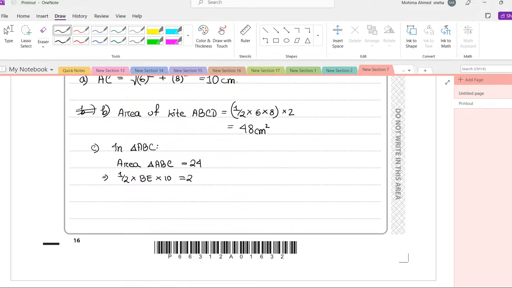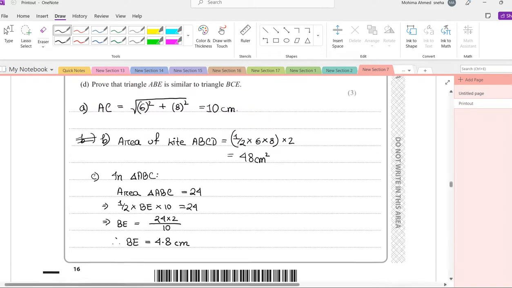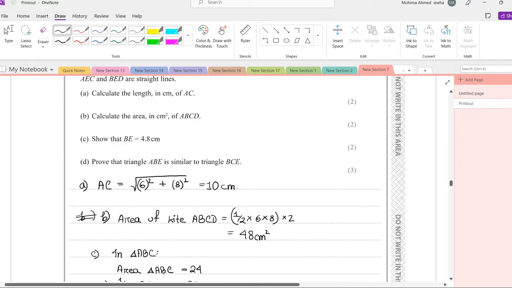AC was 10 and the area 24, and if you make BE the subject, that would be 24 into 2, 48, and 48 by 10 is 4.8. So you get the value for BE as 4.8 centimeters. So with this, our value for C is done. I hope C is clear for you all to understand.